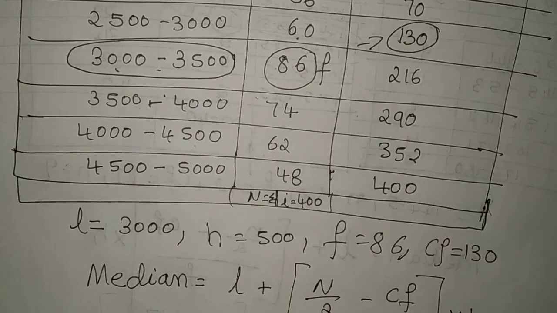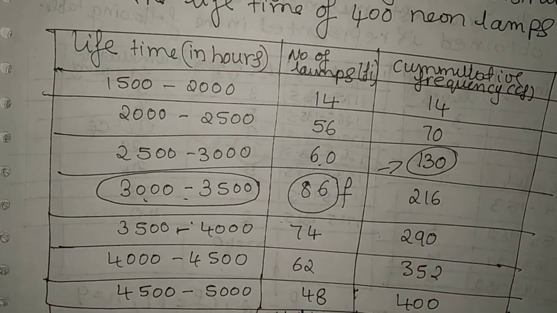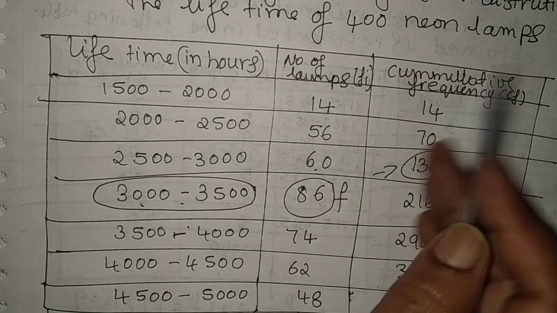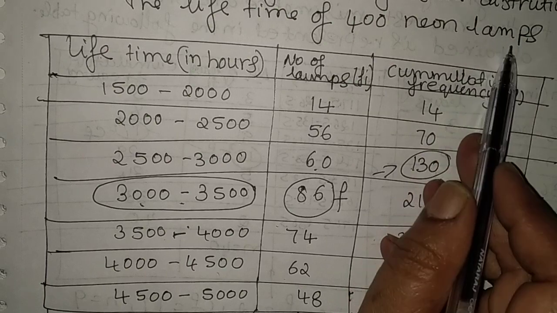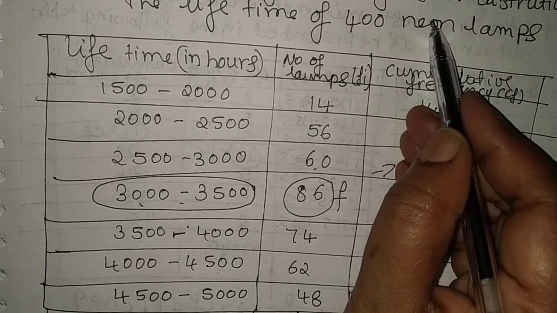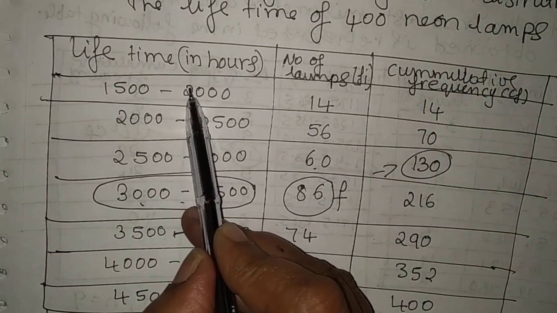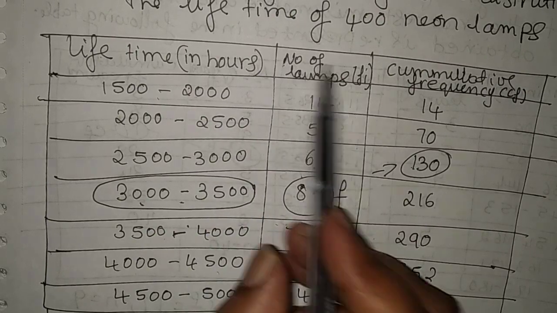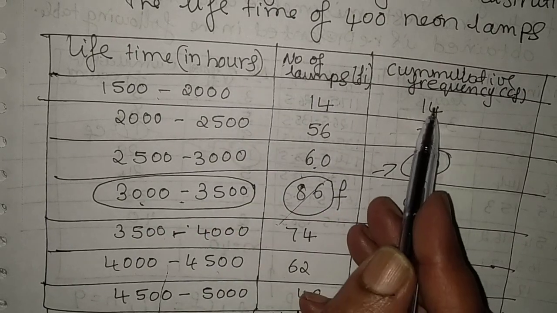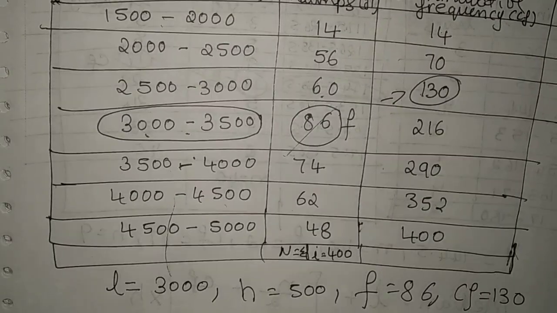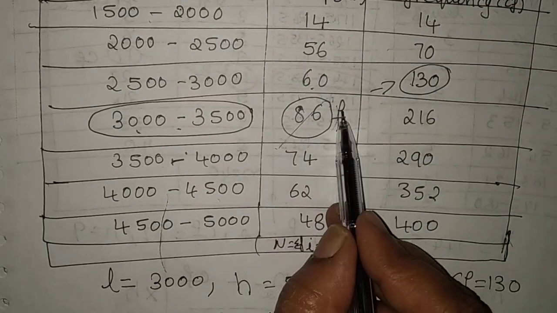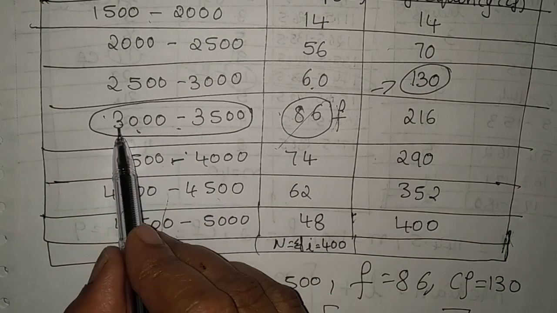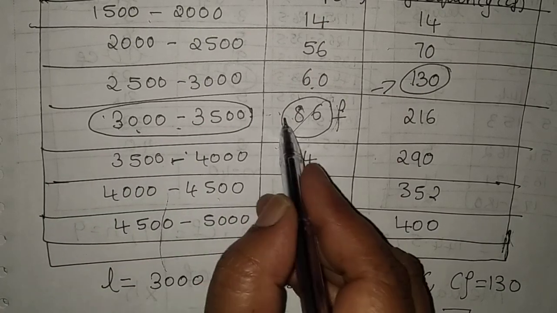So these were the data given. The lifetime of neon lamps, they were given. The following table gives the distribution of the lifetime of the neon lamps. So this is the lifetime 1500 to 2000. Number of lamps they have given, all the class interval is given. So we'll take the maximum frequency, this one, then the maximum class interval will be taken as this one.